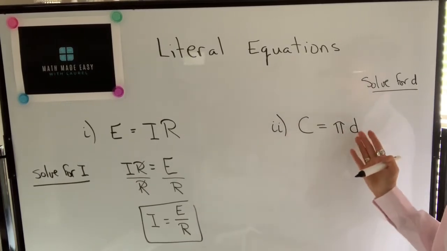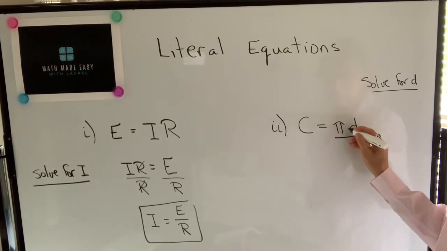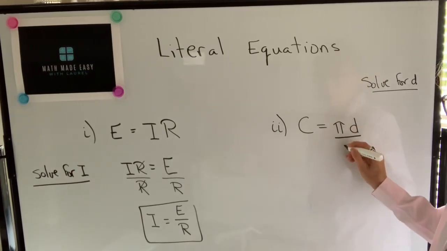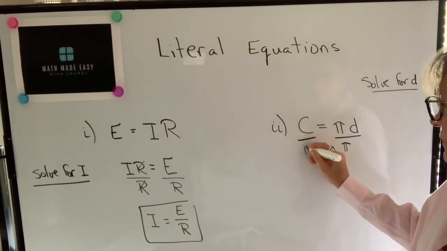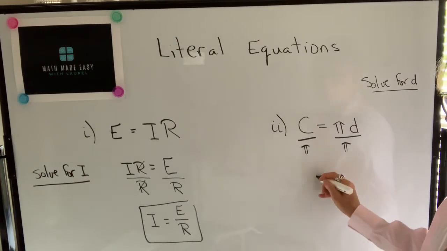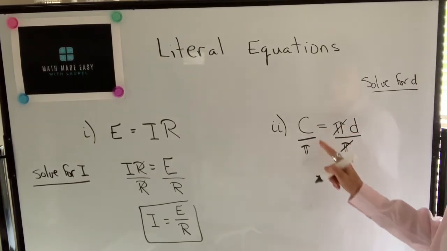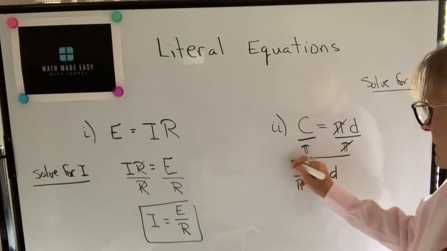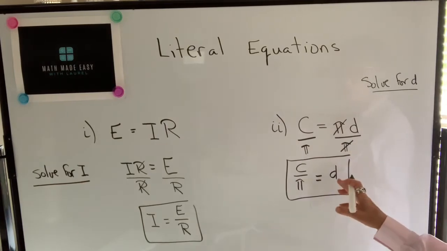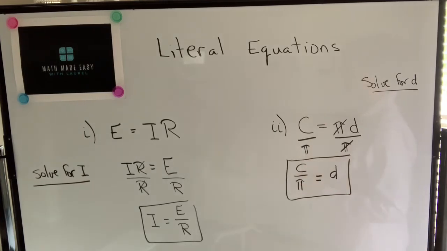I'm not going to start moving it around, but I want to get rid of pi, so it's being multiplied to diameter. So to get rid of it, I divide, and I do the same thing to the other side of the equation. Same rule as I was doing before. So the pi will cancel. I'm left with D, and it's equal to C over pi. So I've just rearranged the formula to now get a new formula that tells me that the diameter of a circle will equal its circumference divided by pi.